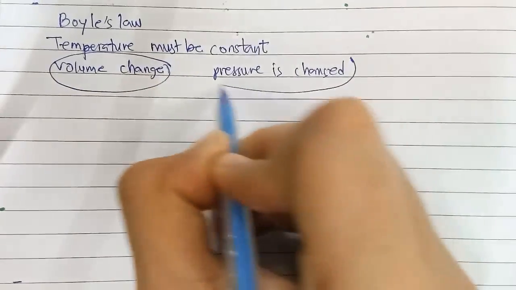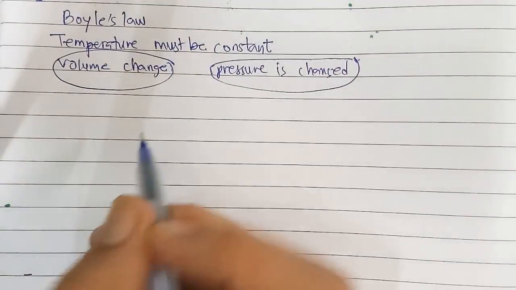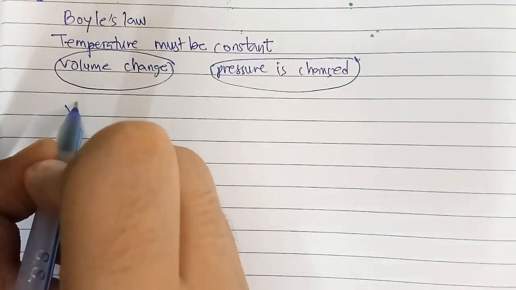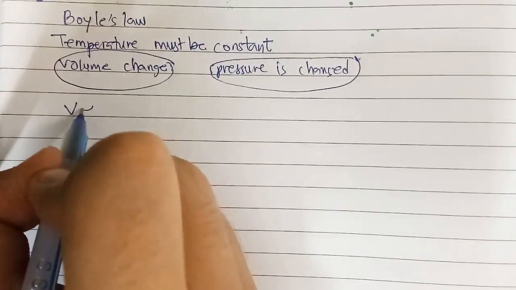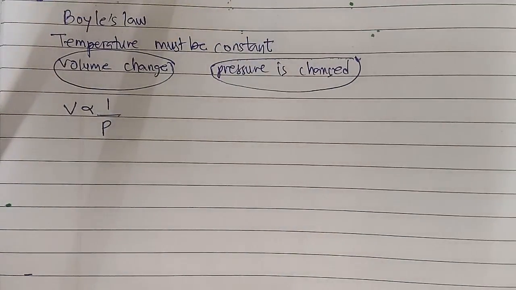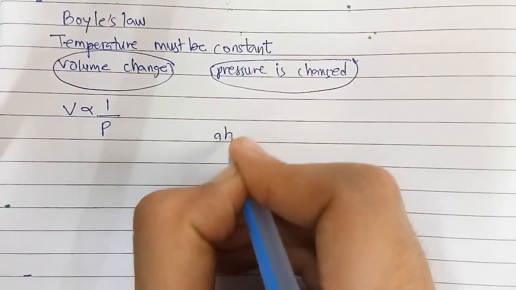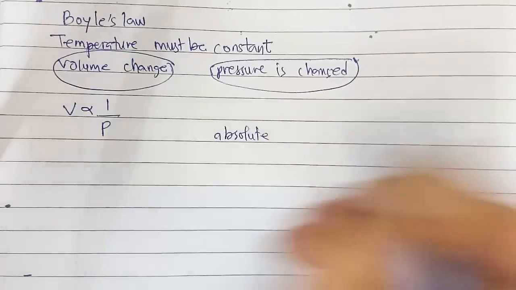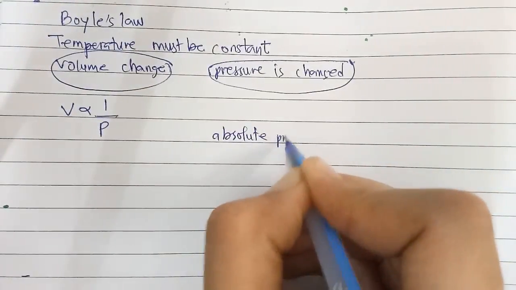Remember that concept. And Mr. Boyle found out that the change in volume of a given mass of a perfect gas is inversely proportional to that of pressure. And remember, pressure has to be absolute pressure.